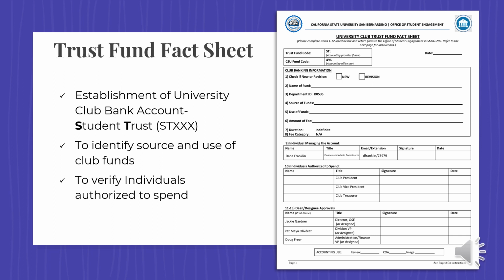It is important to note that once established, your organization's account number will always remain the same. The account number will begin with ST and have 3 digits thereafter.